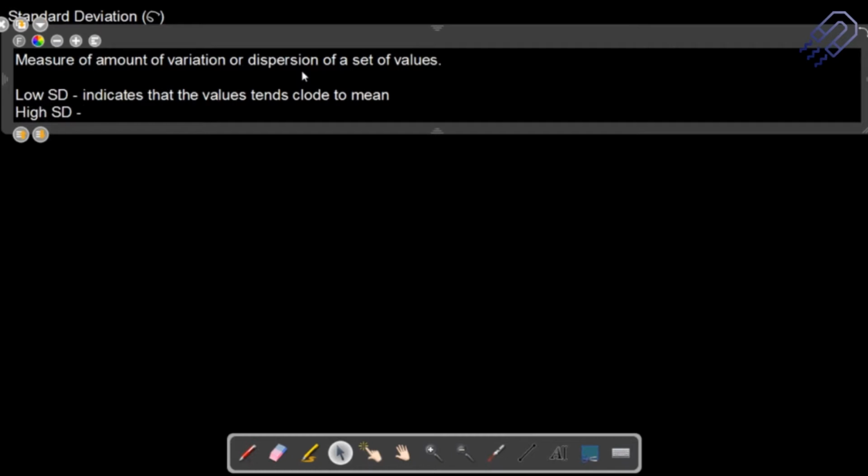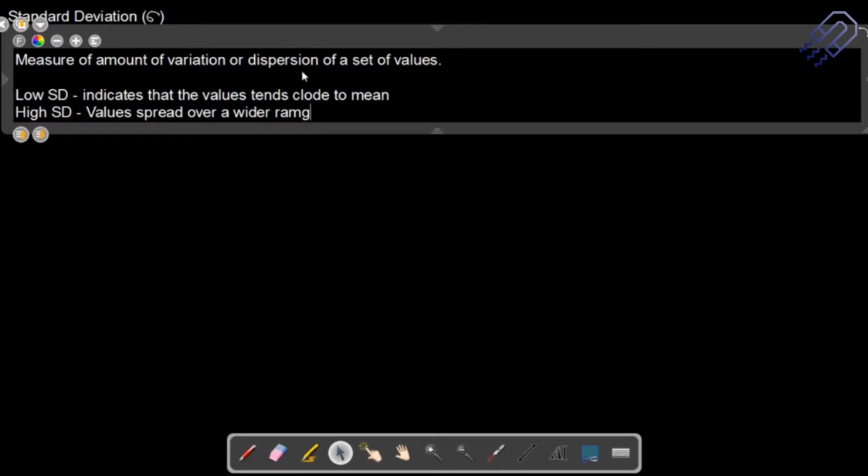We need a result which does not vary that much so that we can say that experimentally this is more accurate. And if we're considering a high standard deviation, these values will spread over a wider range.